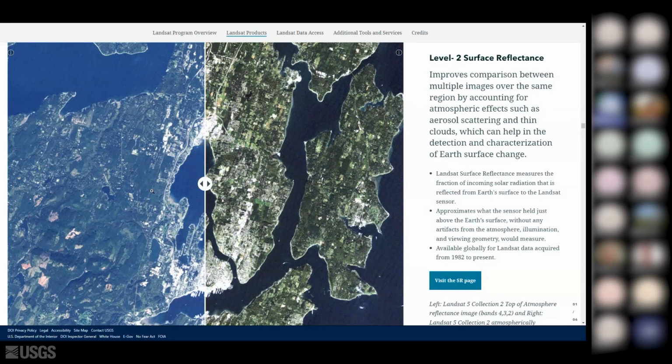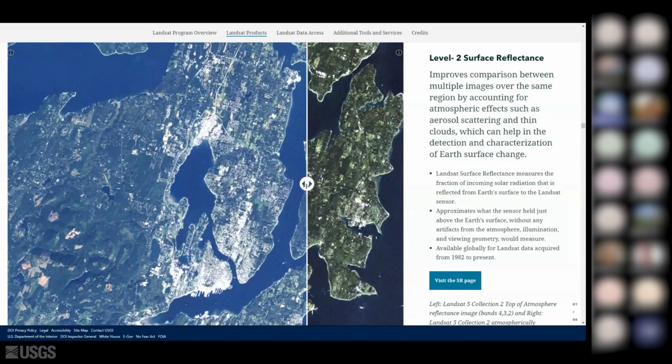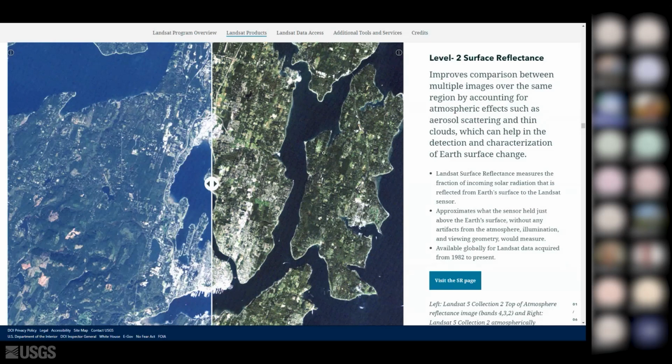On the left, we have our basic Level 1 data product, and on the right, we have our Level 2 surface reflectance. As you can see, there is a major difference in how our Level 2 looks compared to Level 1. Our Level 2 looks a lot more clear, less clouded.